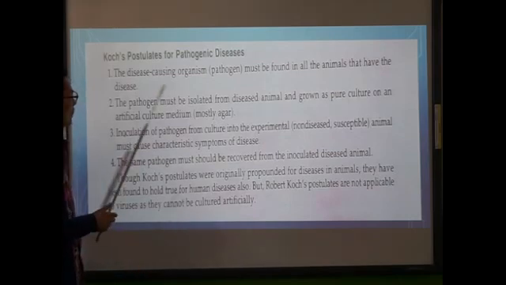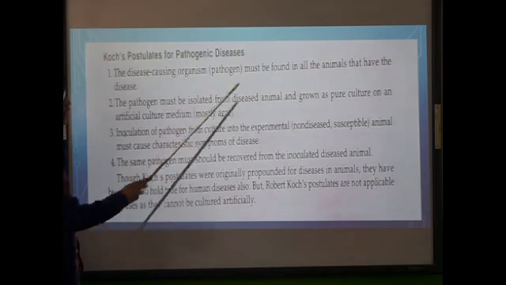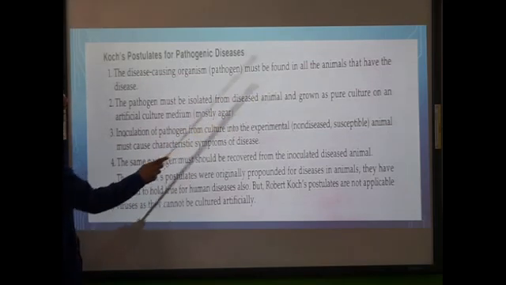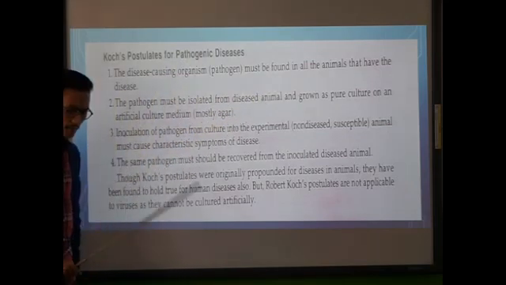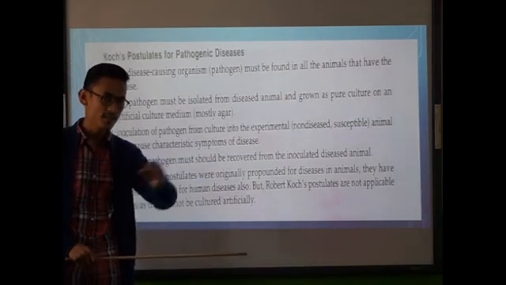The first one: the disease-causing organism or pathogen must be found in all the animals that have the disease. We have learned that a particular pathogen will cause a particular disease.